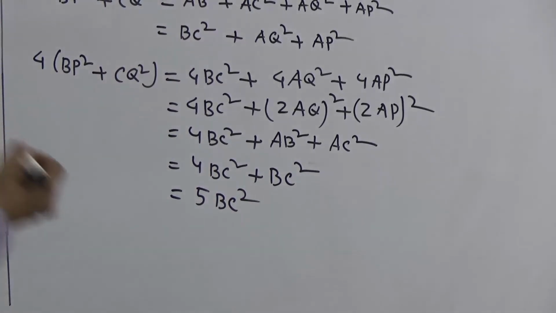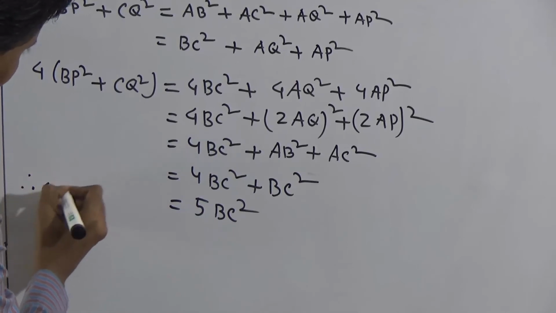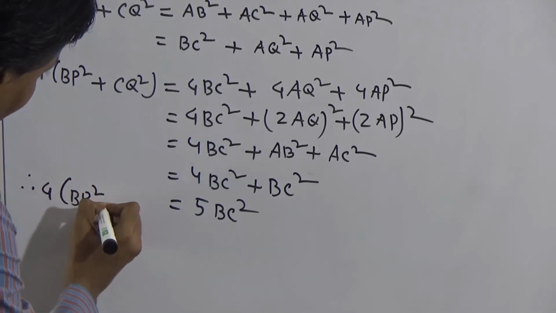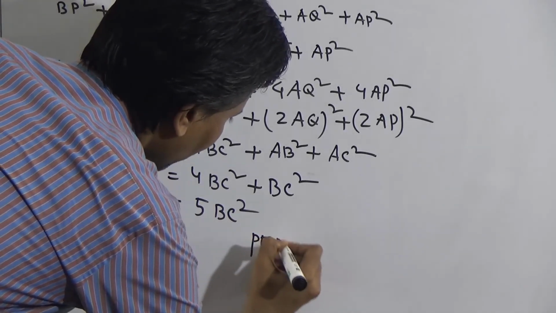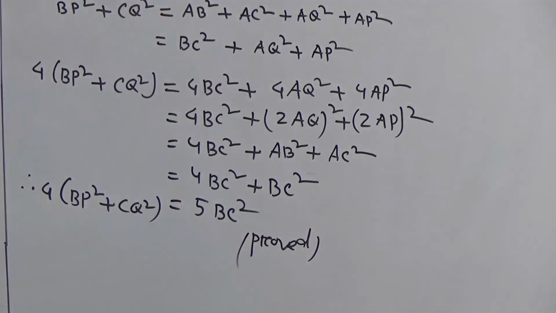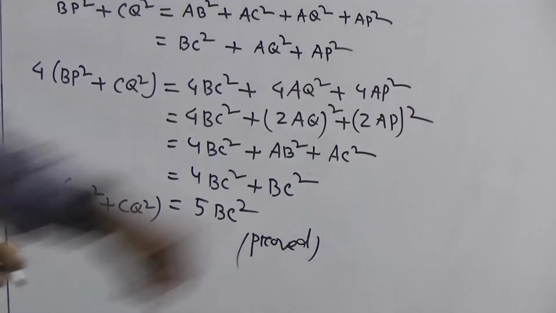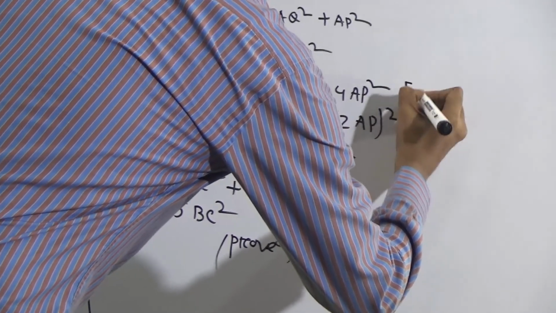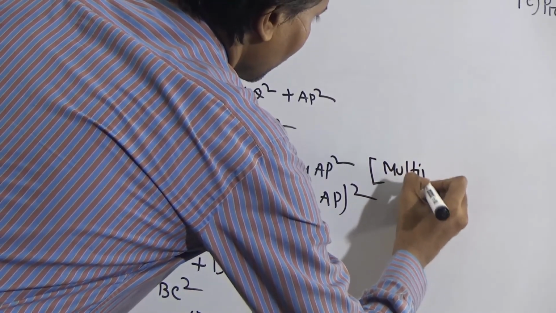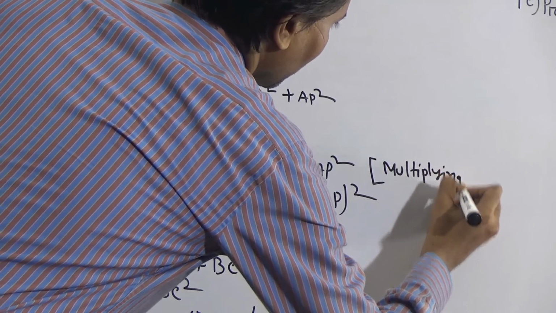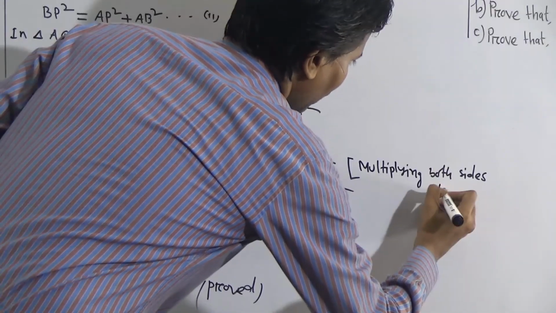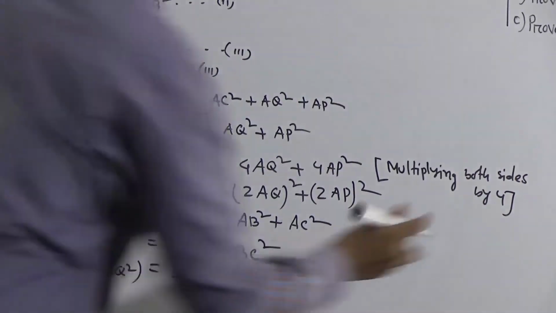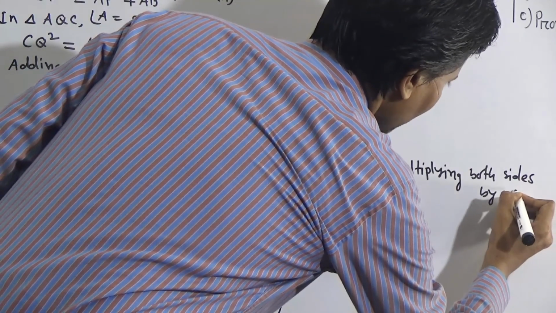Therefore 4 BP square plus CQ square equal to 5 BC square. This is our proof. Dear student, here is a hint: multiplying both sides by 4.